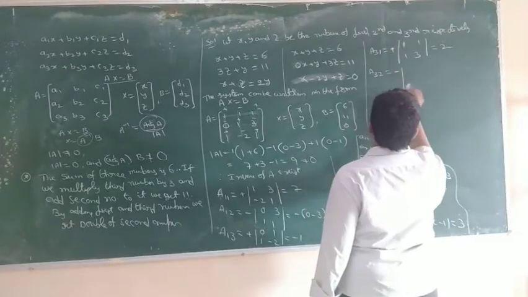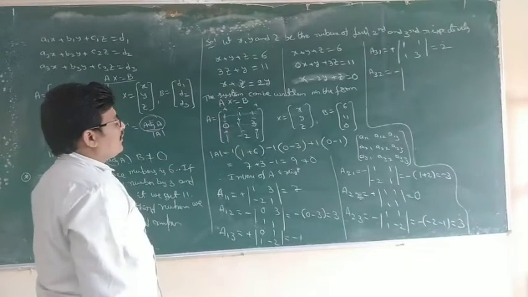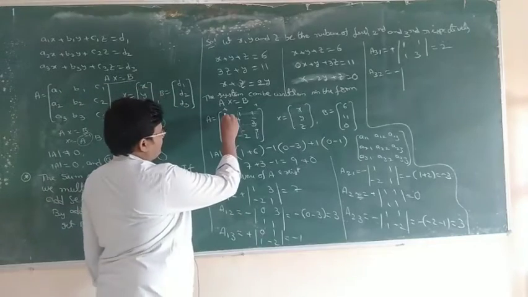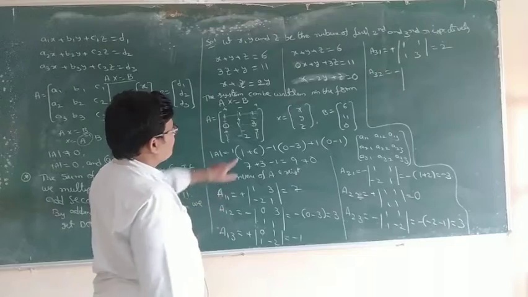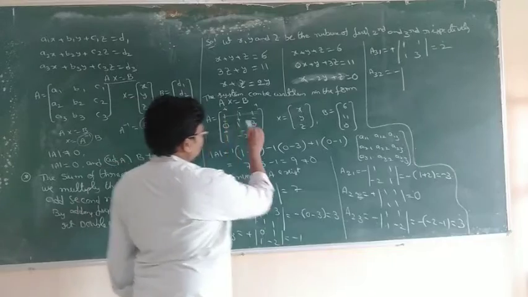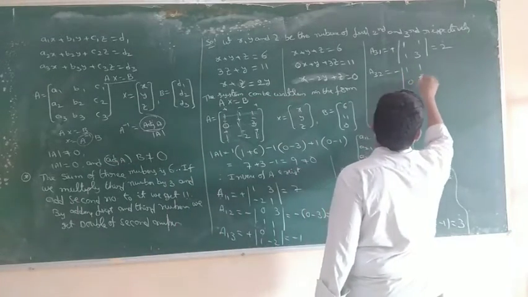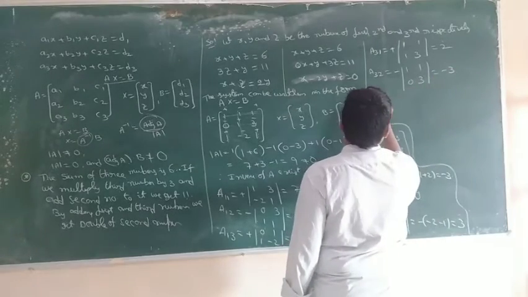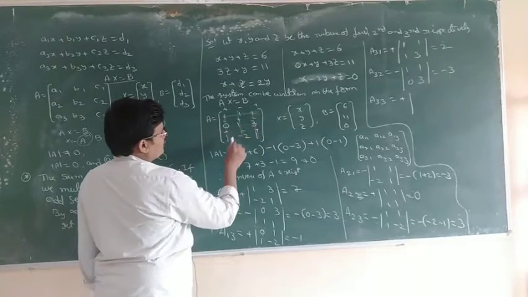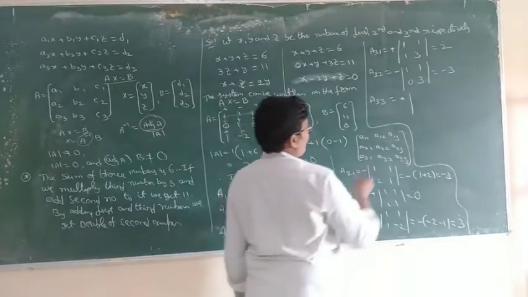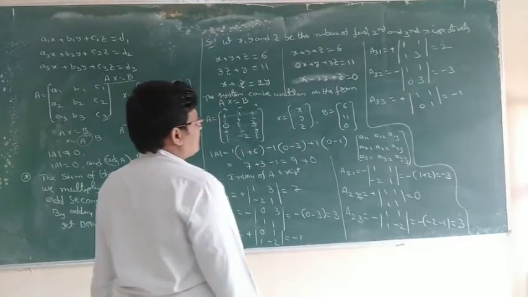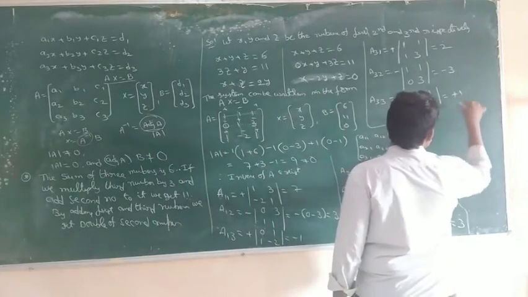A32 has a minus position, leaving 1 1 0 1, so that is equal to minus 3. A33 has a plus position, leaving 1 1 0 1, so that is equal to 1 minus 0, which is 1.